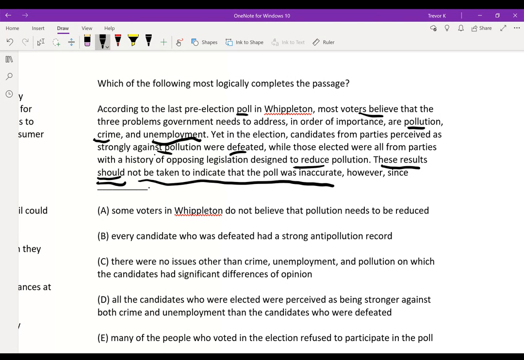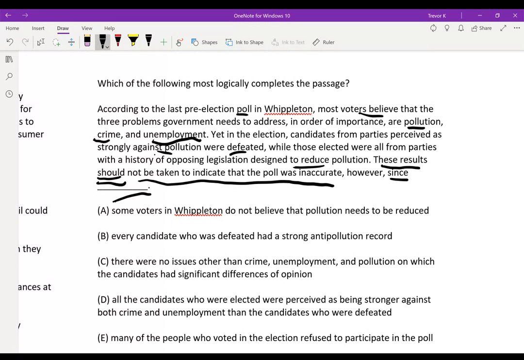And for some reason, we say, therefore, the poll was not inaccurate. So this definitely needs some strengthening, because right now it doesn't make a lot of sense. My reasoning doesn't lead to my conclusion very well. So I need an additional piece of reasoning.